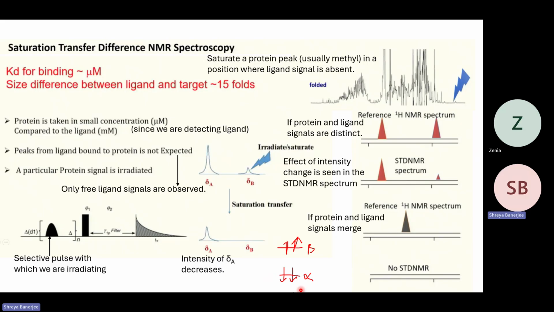So supplying enough energy to cause this case is what this irradiation is doing, and that will lead to disappearance of the delta B signal. Not only due to this irradiation of the delta B signal, some saturation will be transferred to delta A, and the intensity of delta A will decrease.